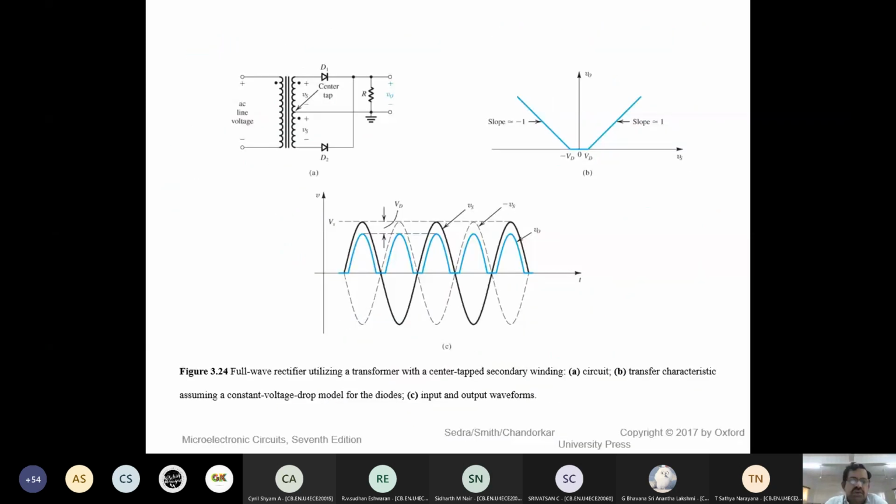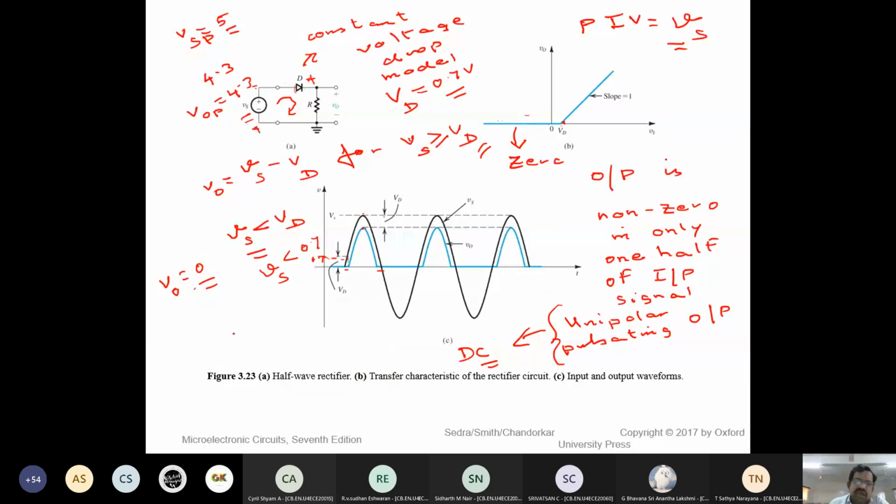Now go to the full wave rectifier. See, one problem with the half wave rectifier is we are able to get the output signal in only one half of the cycle. One cycle is completely this one half cycle, this is the other half cycle up to here. Only in one half of the cycle we get the output, so the other half cycle is completely wasted.